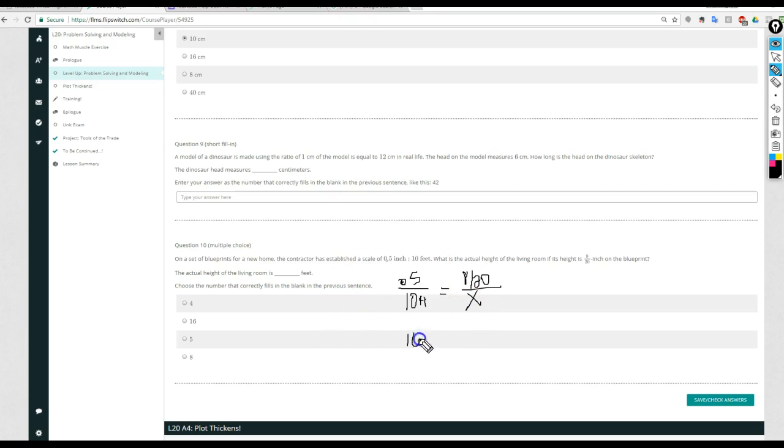So I'm going to actually set it up so it's 10 feet to 0.5 inches is equal to x divided by 8/20. Since 10 divided by 0.5 is only numbers, there's not a variable on this side, and there's one on this side. So since I'm divided by 8/20, I'm going to multiply by 8/20 on both sides.